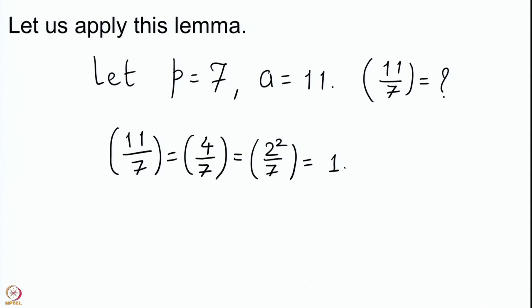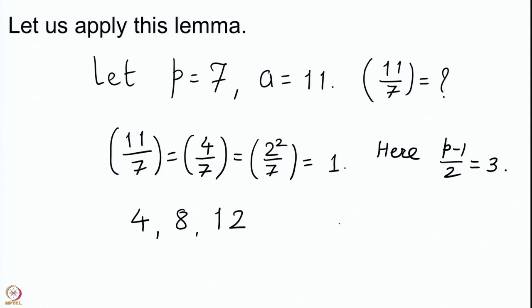So, we look at p equal to 7 and here (p minus 1) by 2 is 3. So, we have to take the first 3 multiples of 4, they are 4, 8 and 12. And then we take their numerically least residues. Remember, 4 is bigger than 7 by 2.